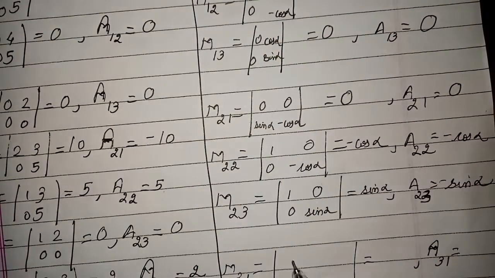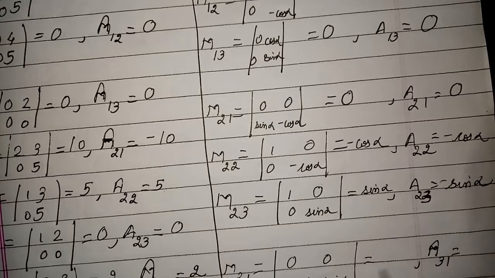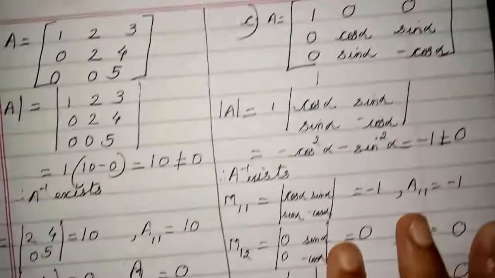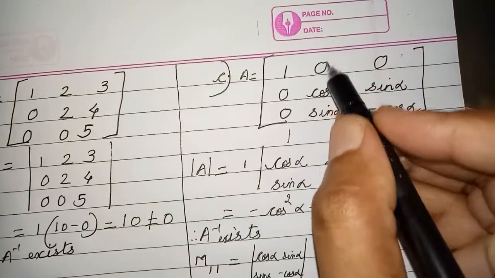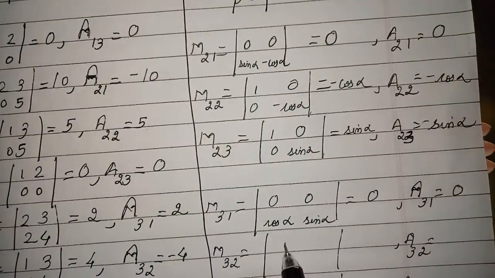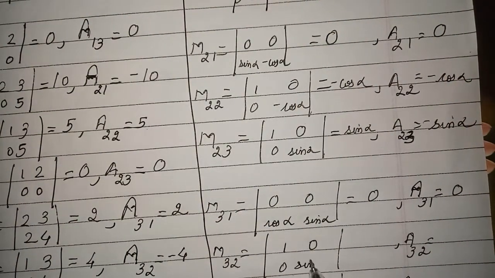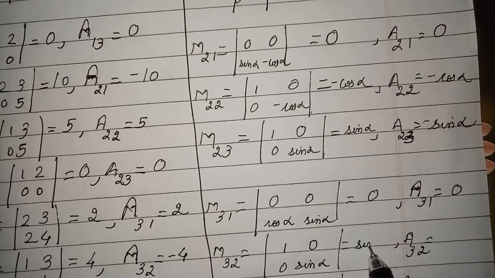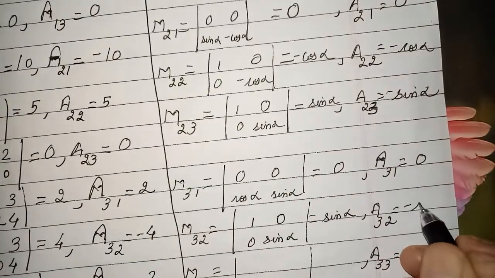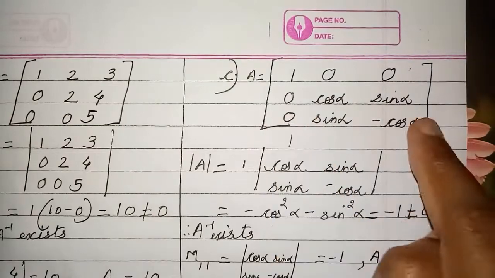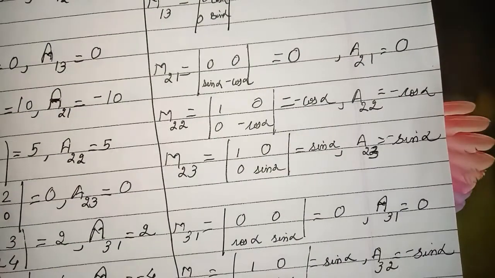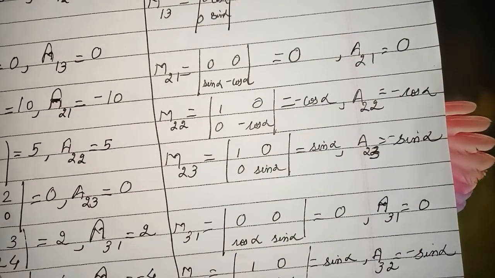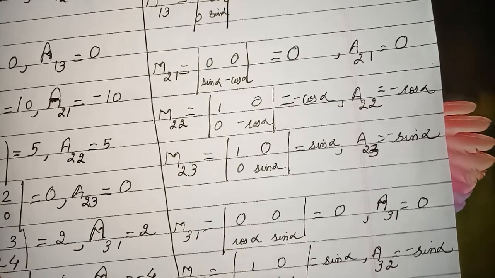So it is 0, 0, cos alpha, sin alpha, 0 and 0. Third row, second column. So 1, 0, 0, sin alpha. So this is sin alpha, but negative. So it is minus sin alpha. Third row, third column. So 1, 0, 0, cos alpha. So this is going to be cos alpha.